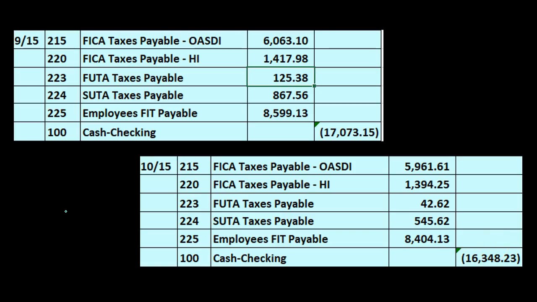In order to get the supporting information for the amounts that were already paid, we can go back to the check register, we can go back to the GL and see the checks that were paid. In our case, we're going to go back to the journal entries. So we had this check paid going out of the checking account, this check was paid, and these two dates are 9/15 and 10/15, which you might say, this one happened in the third quarter and this happened in the fourth quarter.